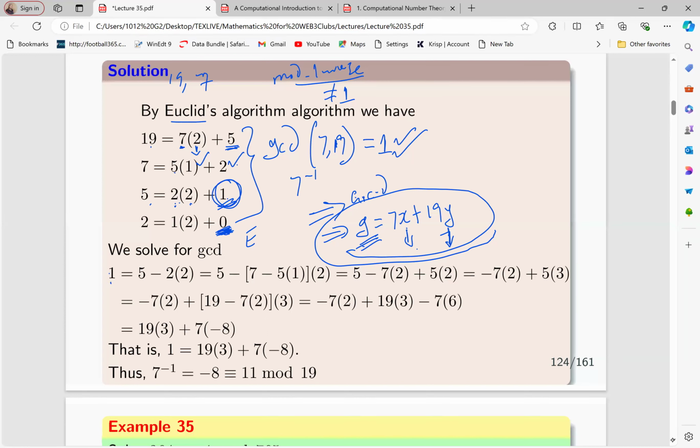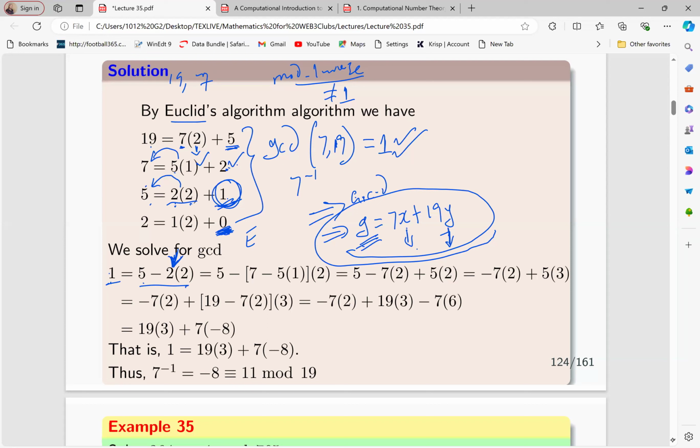The GCD is 1, so the GCD can be written as 5 minus 2 multiplied by 2. Then replace this remainder, which is 2. I'll show you how it will be working. Its equivalent is 7 minus 5 multiplied by 1.